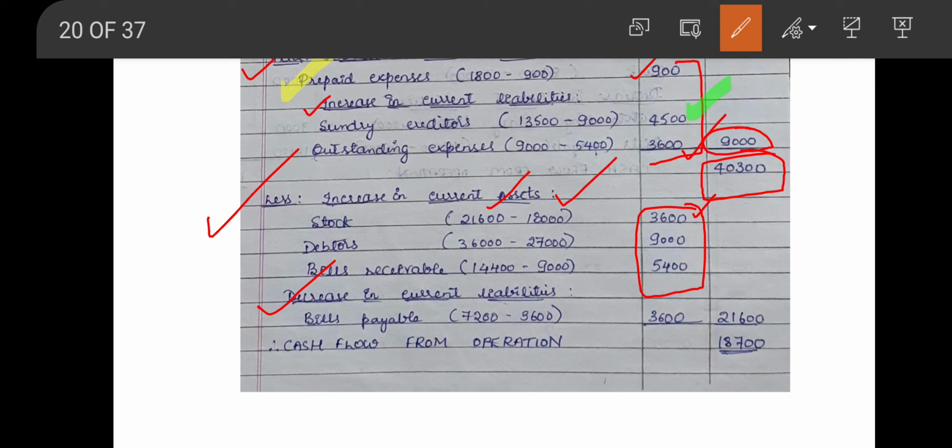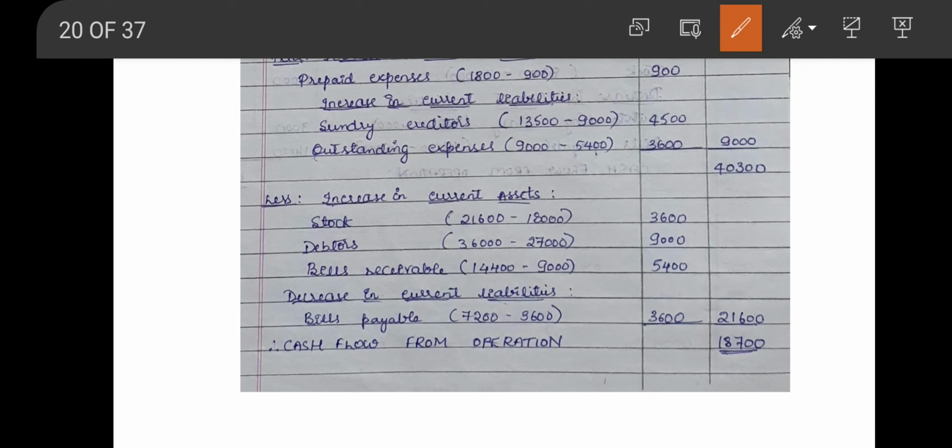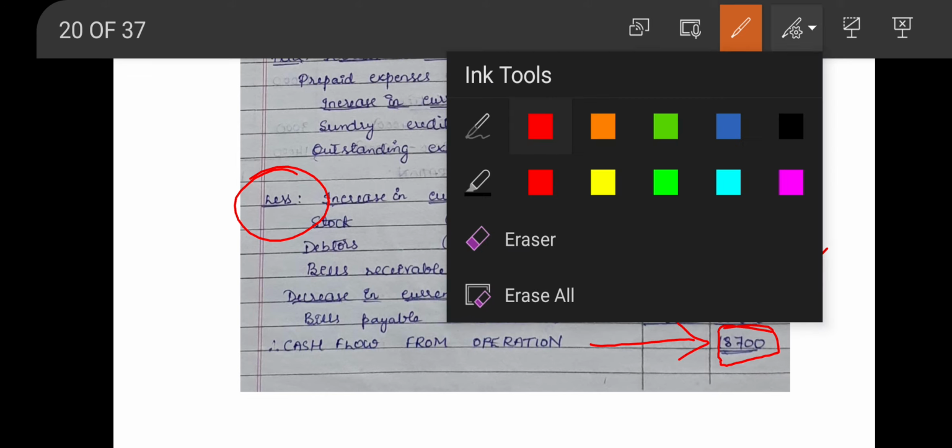So 7,200 minus 3,600, the difference is 3,600. So you need to add these items and write the total in the outer column. So 40,300 minus 21,600, you need to deduct, right? So 40,300 minus 21,600, cash flow from operation, the amount comes to 18,700.